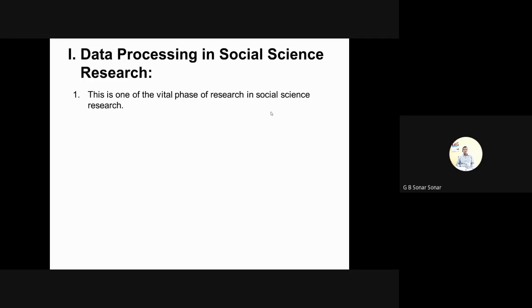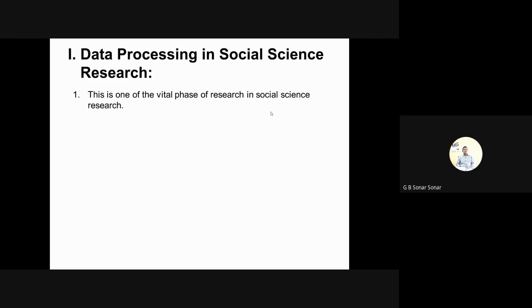Re means again, search means searching for the answers to the questions or solutions to the problems. So this research activity will be conducted again and again for finding answers to the new questions and solutions to the new problems.